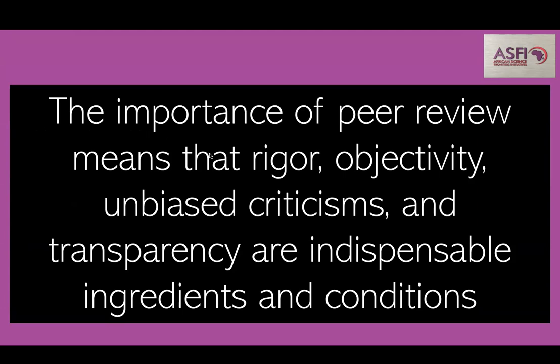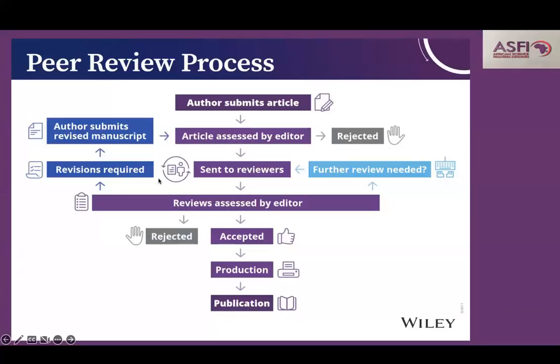If you want to ensure validity and quality, it is wrong for you to review the paper of your friend. It's wrong for you to review the paper of your husband, of your wife, because there is a conflict of interest. It will not be objective. All right. So if you want to get it right.